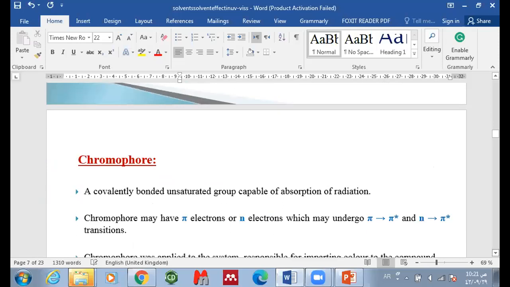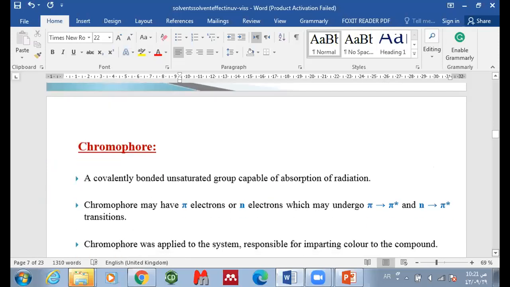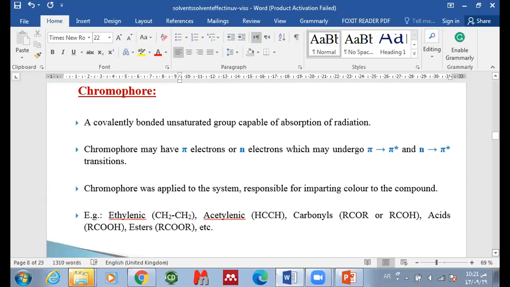So we come back again to the chromophore. We mentioned that the unsaturated group is capable of absorption of radiation, though it is a weak chromophore. A chromophore may have pi electrons or non-bonding electrons, which may undergo pi to pi star and n to pi star transitions, as we mentioned before.